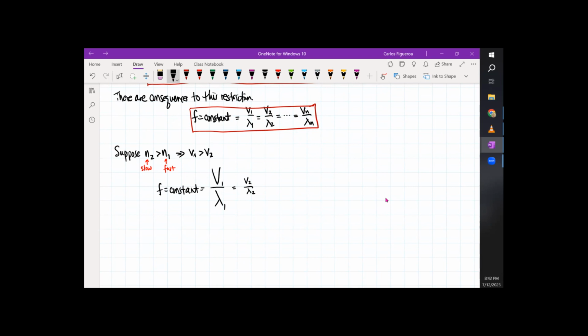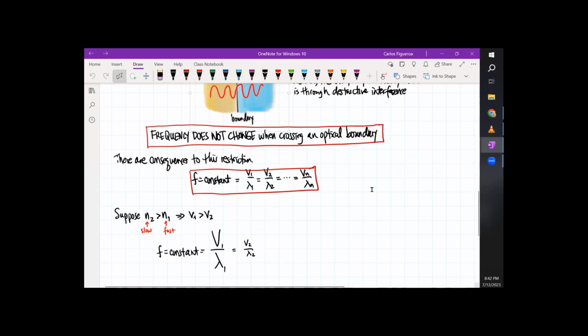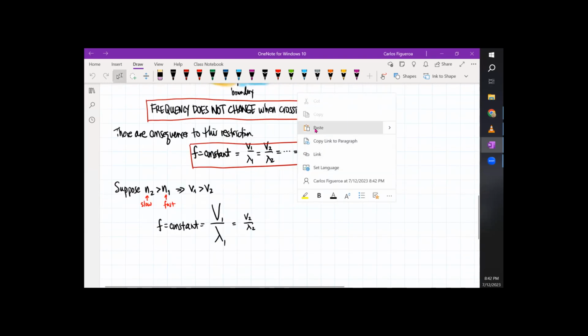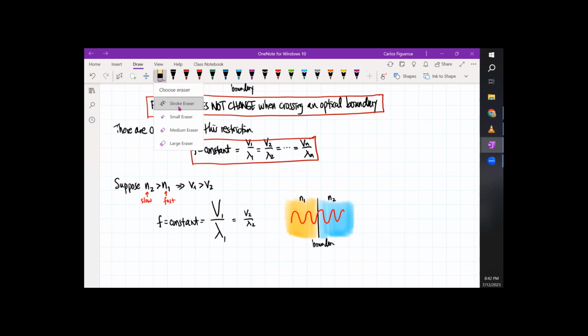So when I look at a medium again, I think I had my medium up here. Let me see if I can steal this right here. I'm going to have to change this, so let me paste this in there. If I change this, here's what I'm going to see now.